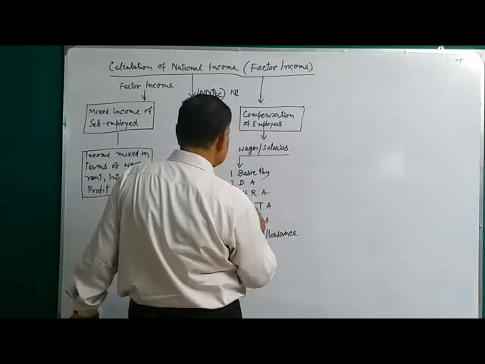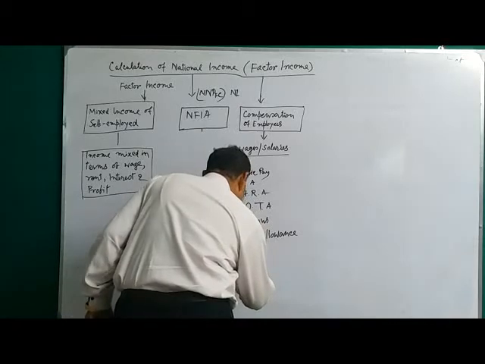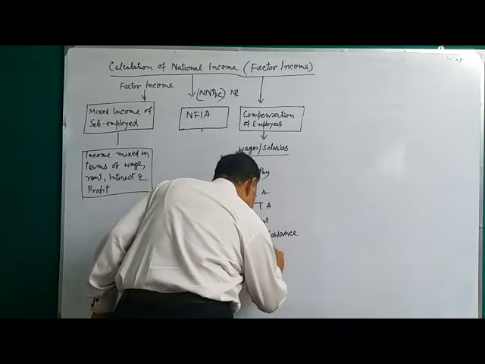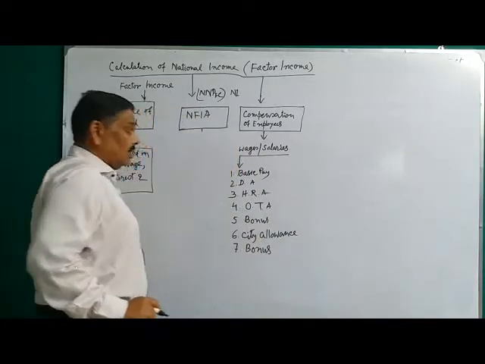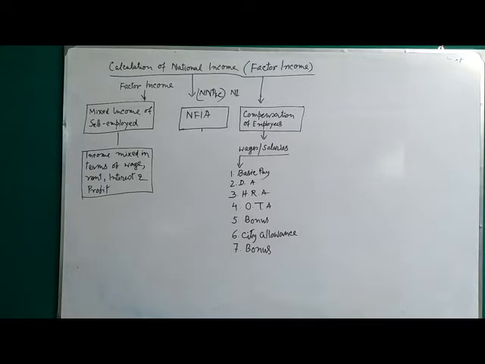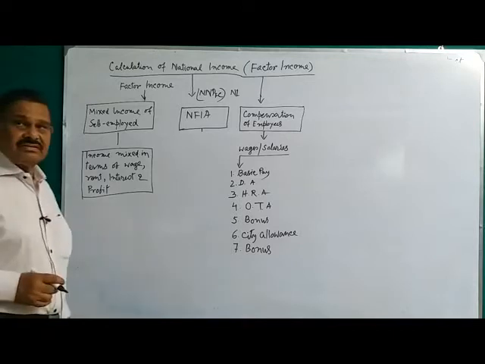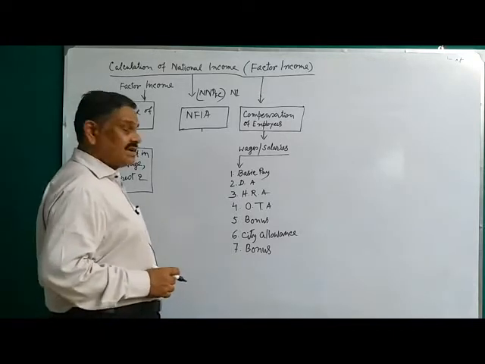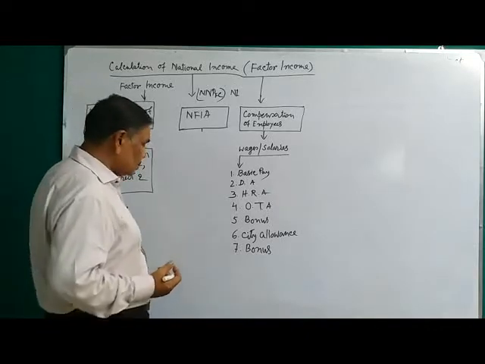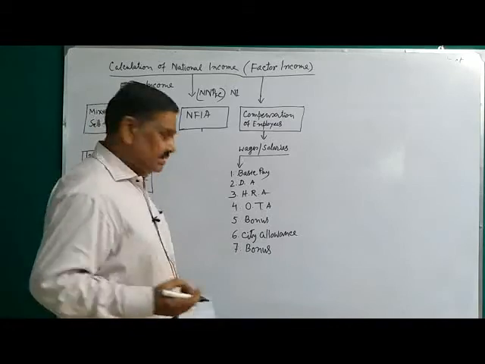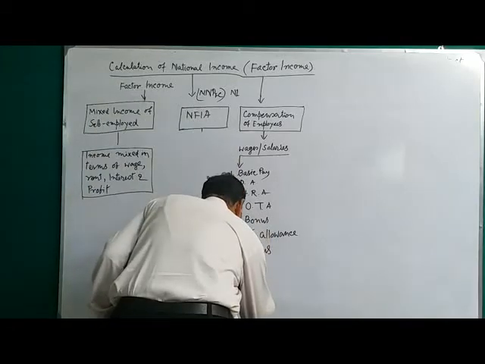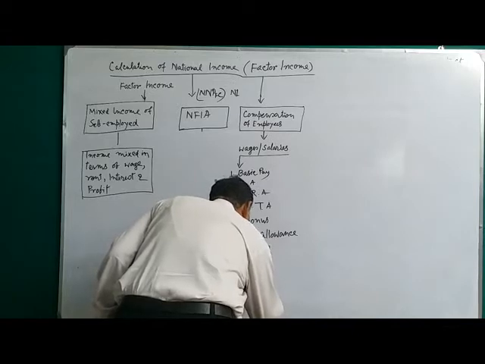Number 7, bonus, or ex gratia, as it is sometimes called. Employees in factories get bonus, and somewhere government employees also get ex gratia. Number 8, sick leave allowance.